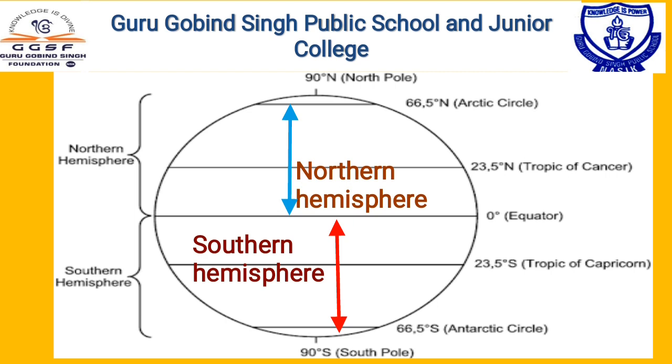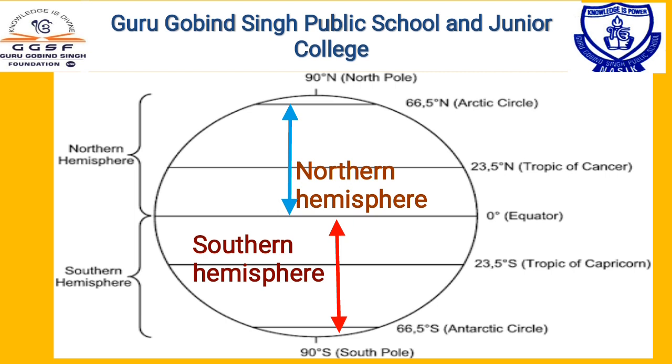Understand? So dear students, whenever we want to mention the value of a parallel in any part of the earth, it is necessary to mention whether it is in the northern hemisphere or in the southern hemisphere.